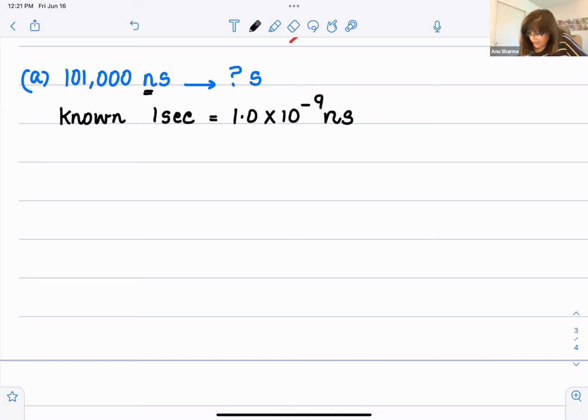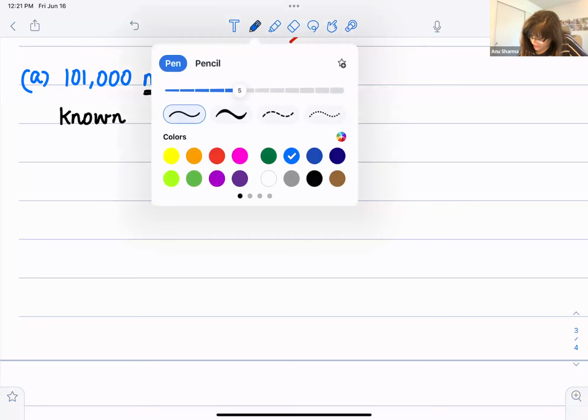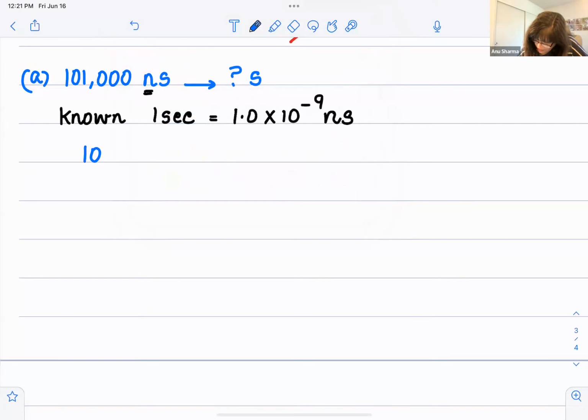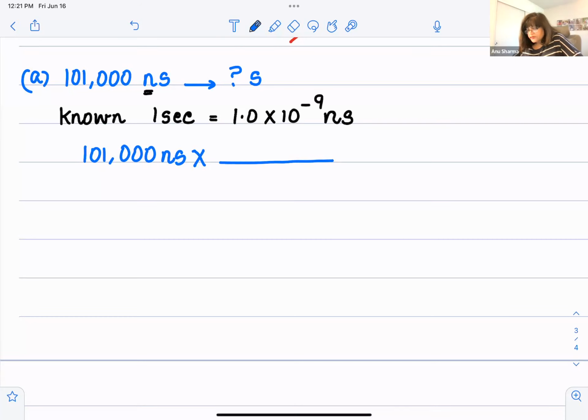The other one is 101,000 nanoseconds times the factor that cancels the nanoseconds.